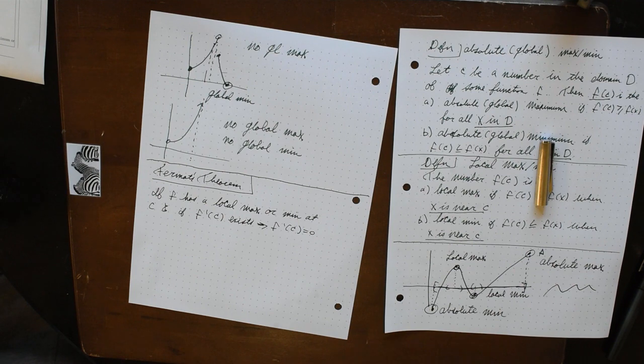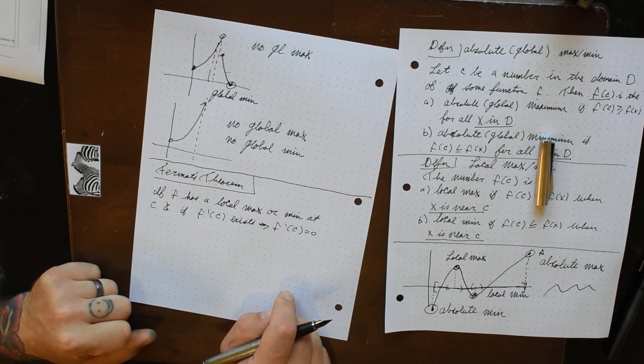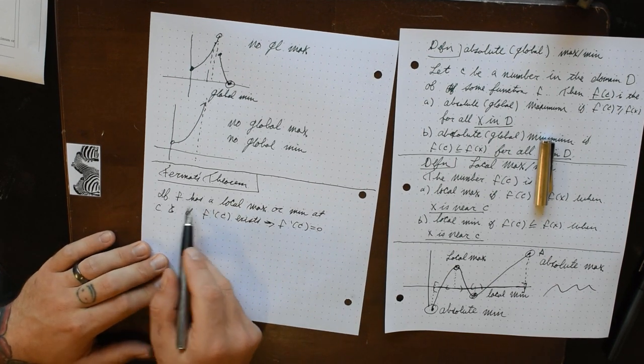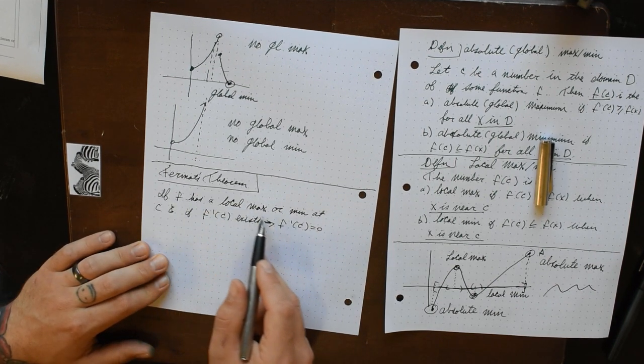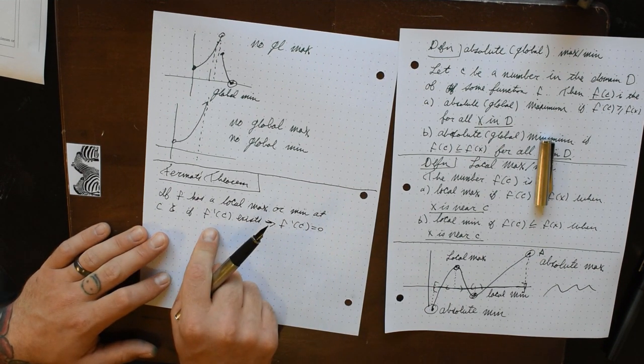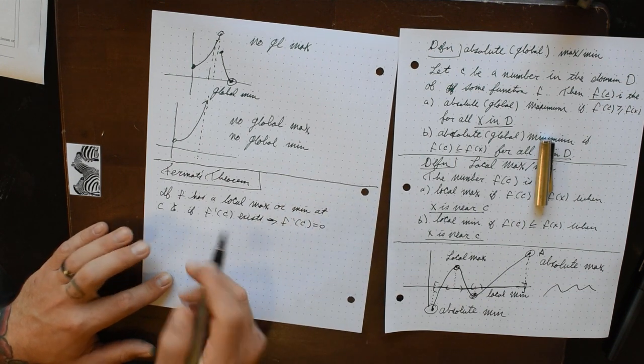Perfect. So be careful about looking into Fermat's theorem too much. The condition is if it has this local maximum or local minimum value at c and f prime of c exists, then you know about the value of the derivative.